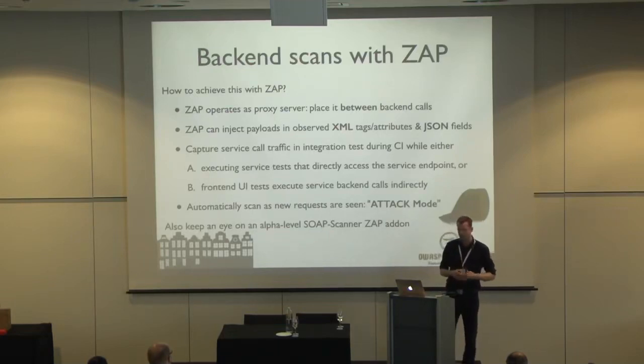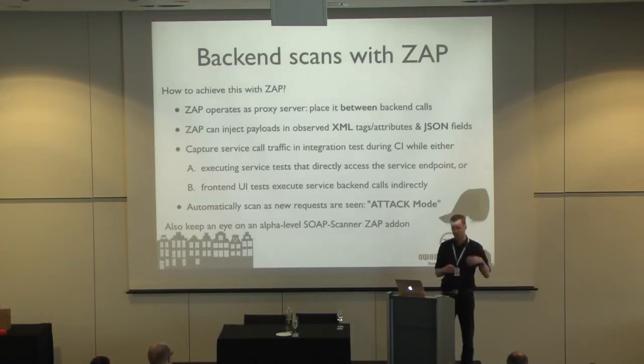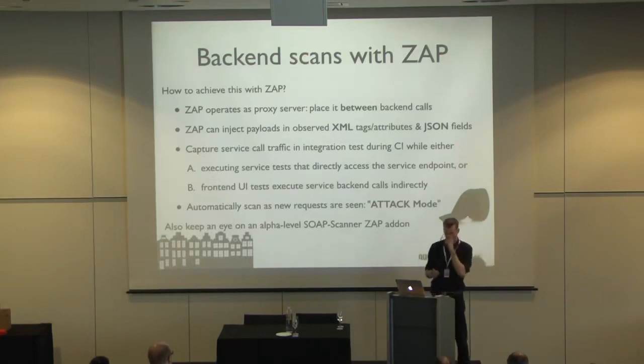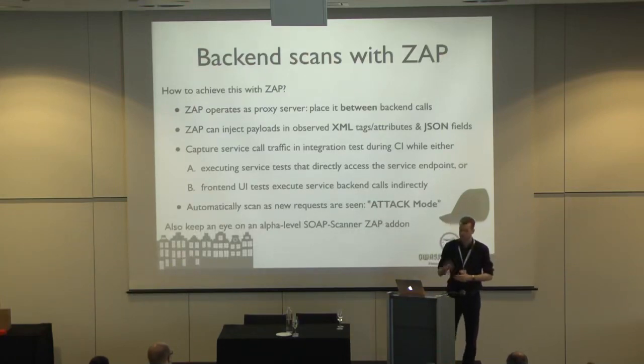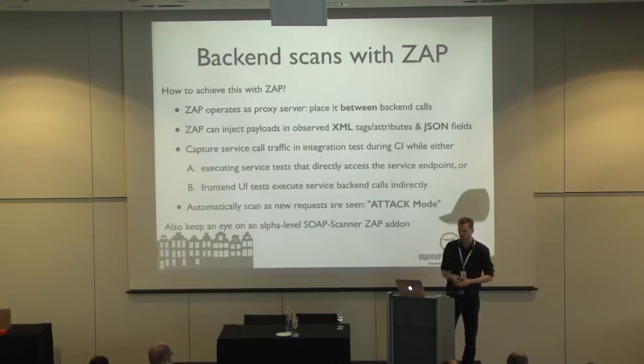So this can be done either directly or indirectly, either by executing service tests that access the service endpoint directly, when you execute these and have the proxy running between the application and in front of the backend call, or you can use indirect tests generated by the UI so that you observe backend traffic and scan these directly.